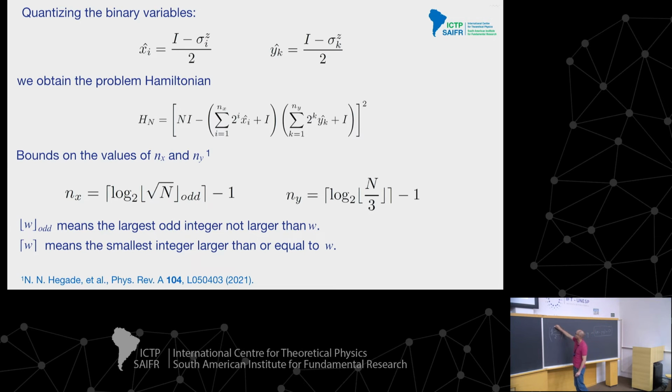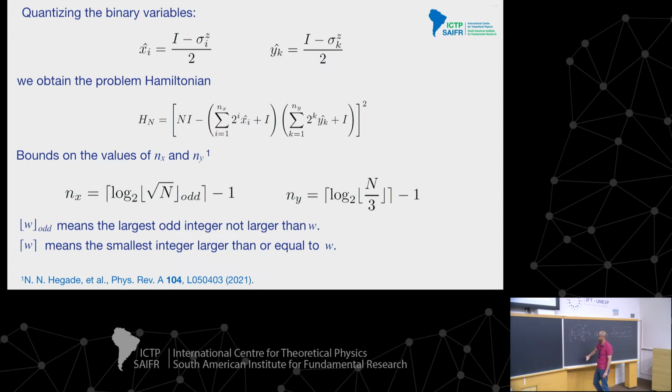Let's see. Sigma z. So 0, right? So this is our way of encoding the classical bit 0 using this process of quantization.